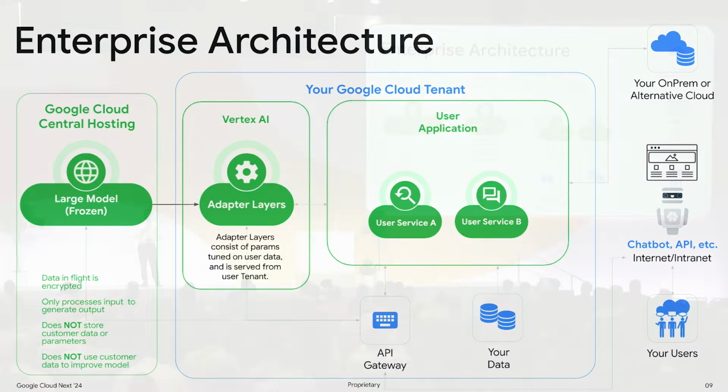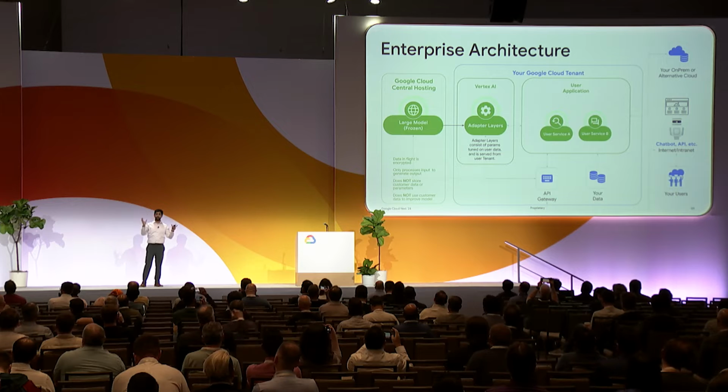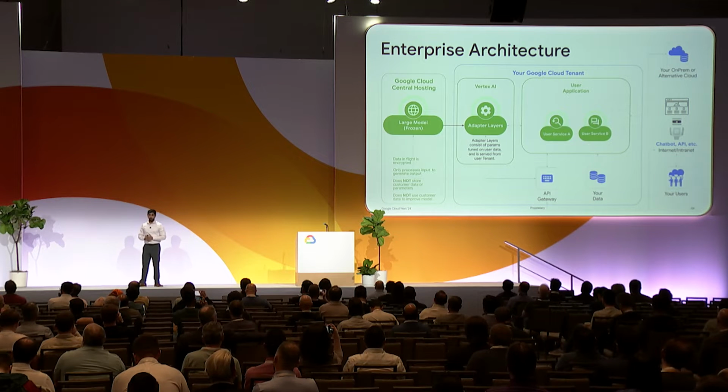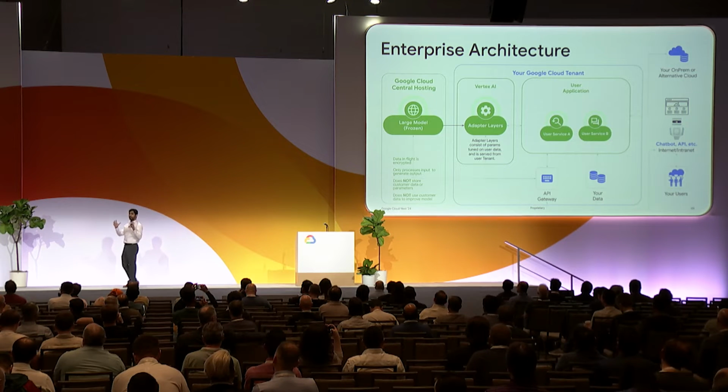We use something called adapter tuning. That's the broader paradigm. What we do in adapter tuning is you keep the base generative AI model, the base LLM, frozen. So Google's Gemini models don't change per se. The Gemini models themselves are frozen. But when we run your tuning job, we learn a few additional parameters called adapter layers.